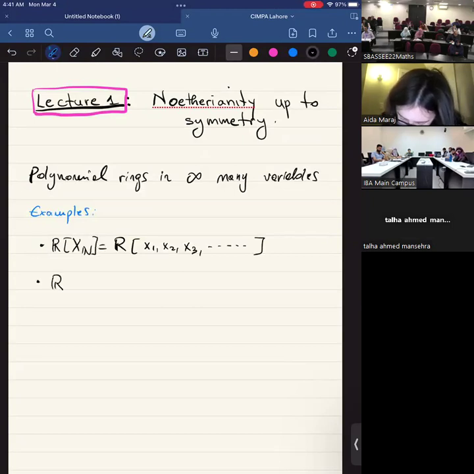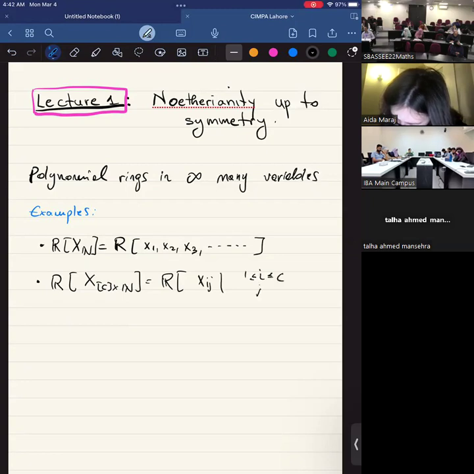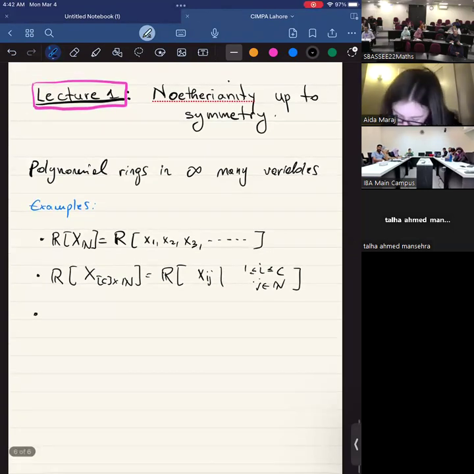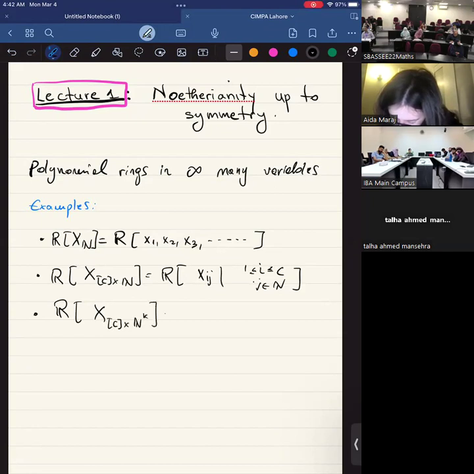Or we can have, in a more general setting, R of x of C times N. When I write this, what I mean is R of x_ij, where i is from 1 to C and j is in N. And we can go even more general: R of x of C times N to the k, which will be R of x_ij, where i is again from 1 to C, but j is a tuple that lives in N to the k.